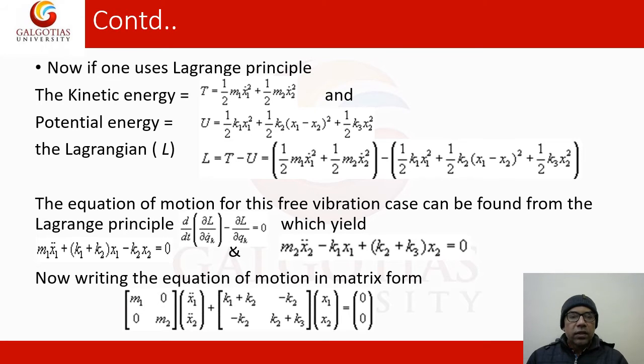The Lagrange equation says d/dt of (∂L/∂q̇k) minus ∂L/∂qk, which will yield this form, because you have to differentiate with respect to q̇k in this expression. Now writing the equation of motion in matrix form will be given in this one. If you just remember, these are the same expressions which we derived analytically.